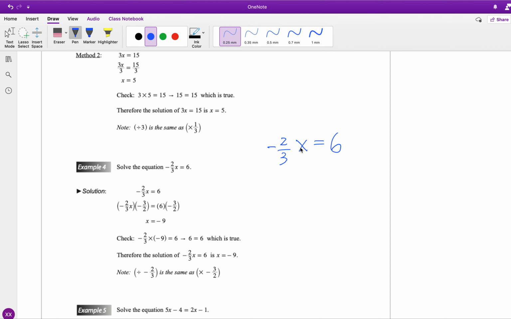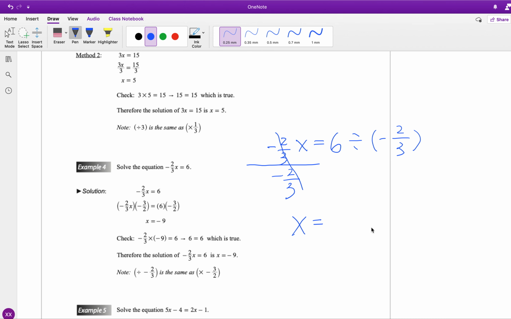The coefficient for x now is this. Now I'm just going to divide the whole thing. This one means divide by negative 2 over 3. So then this one is all gone. Now x equals, let's just do the division.